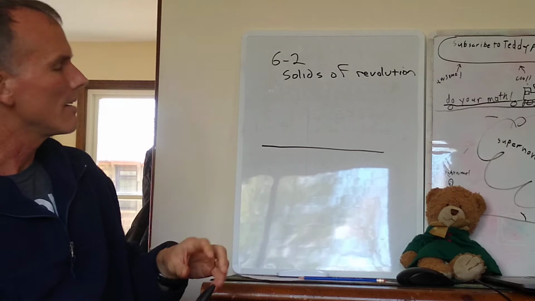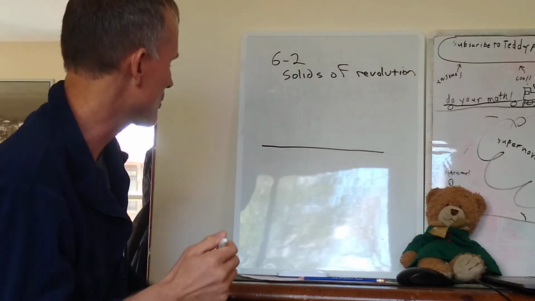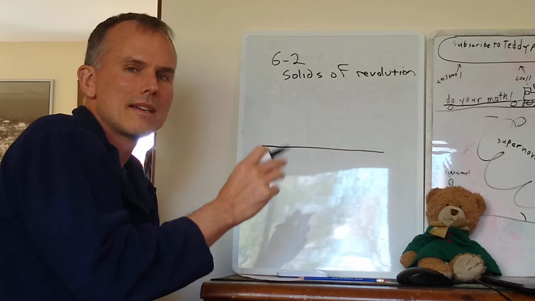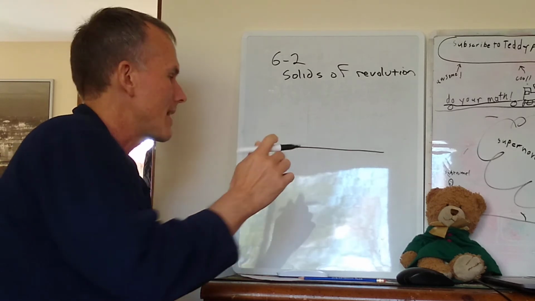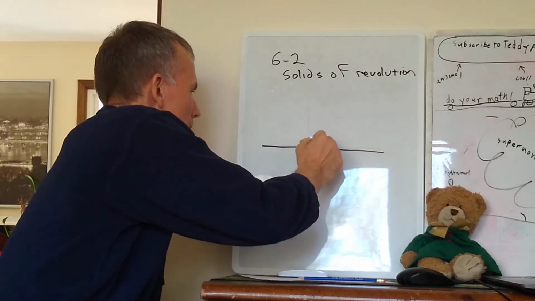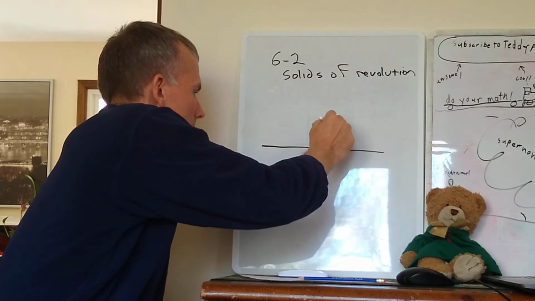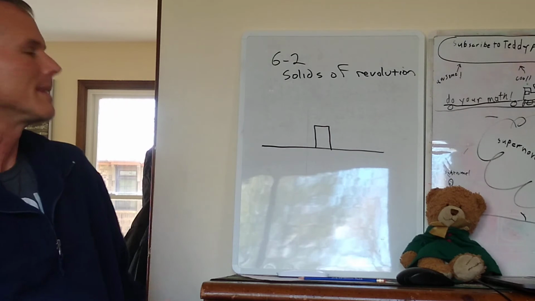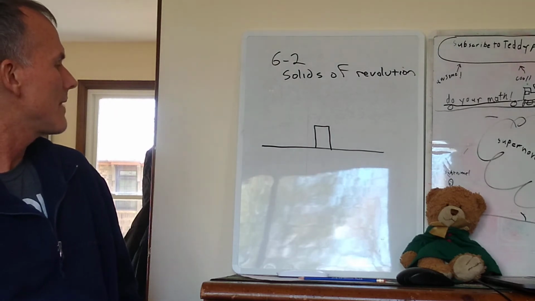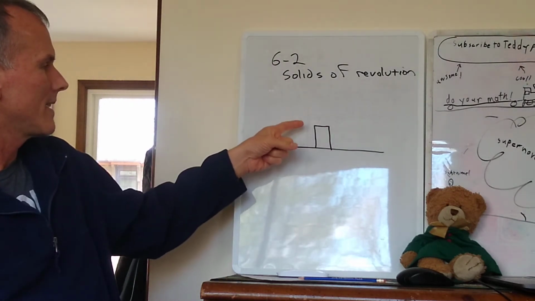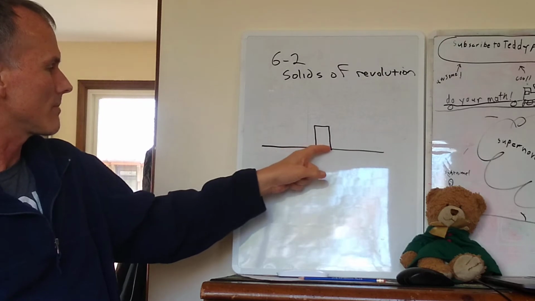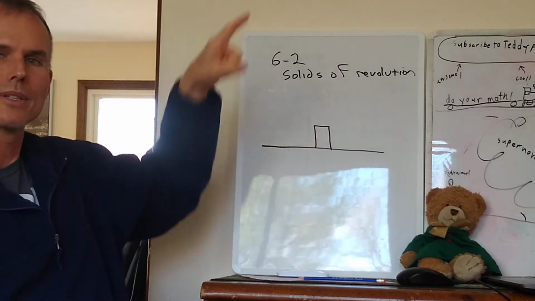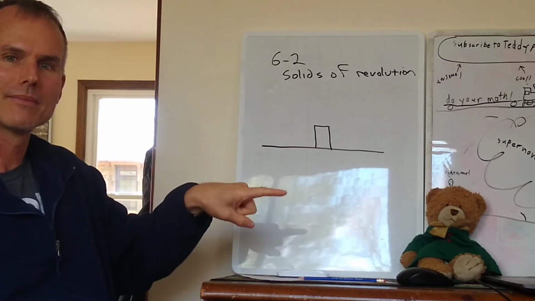Now the next thing I want you to envision is a wooden board. I'm going to attach that wooden board to that steel beam. And then I'm going to spin it around and around and around.